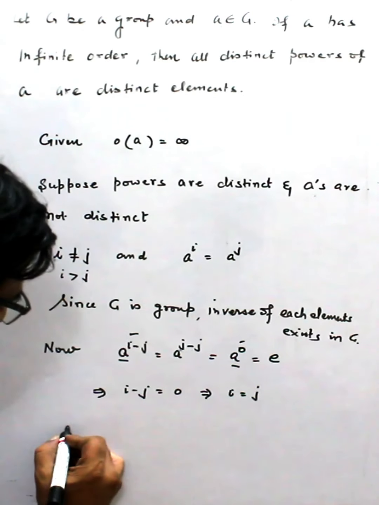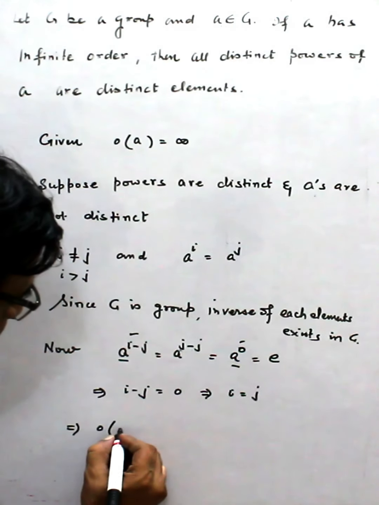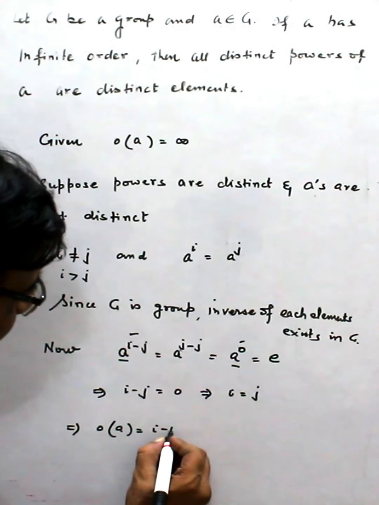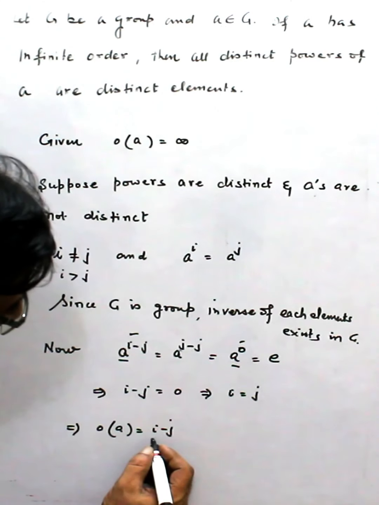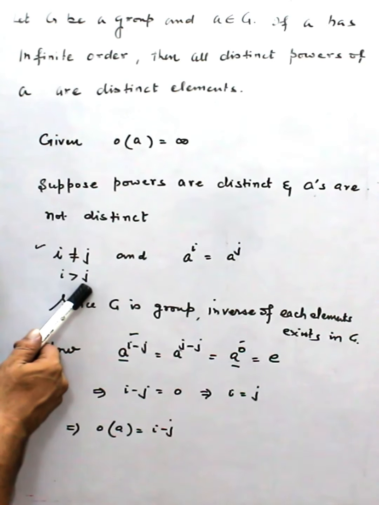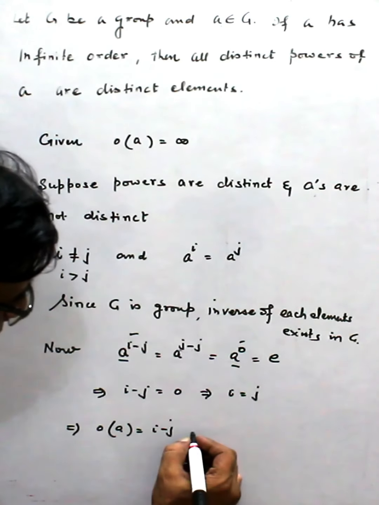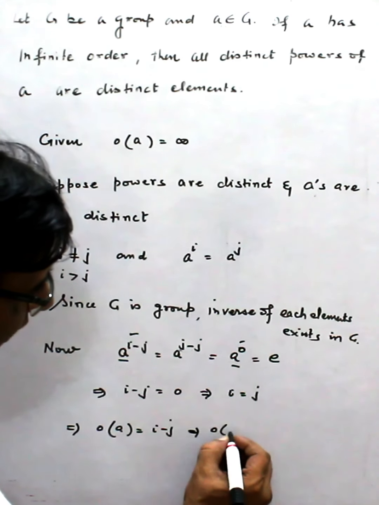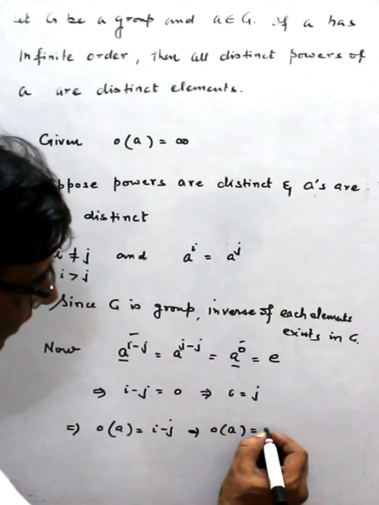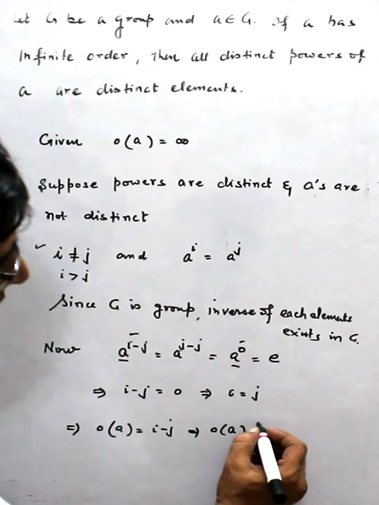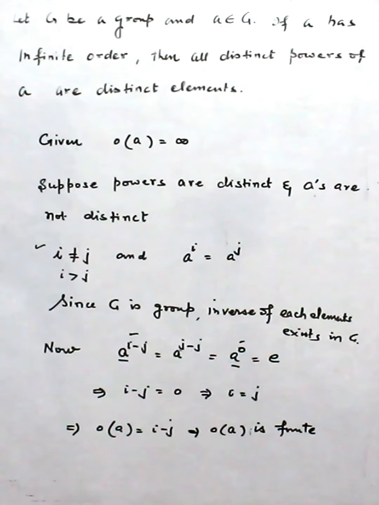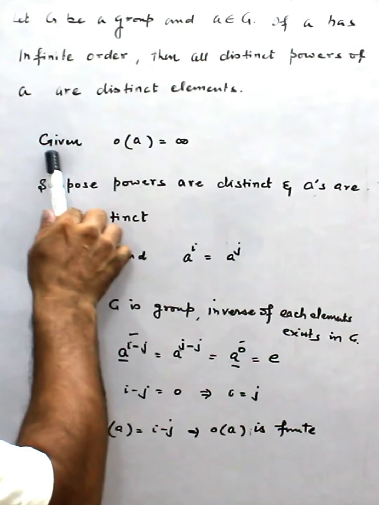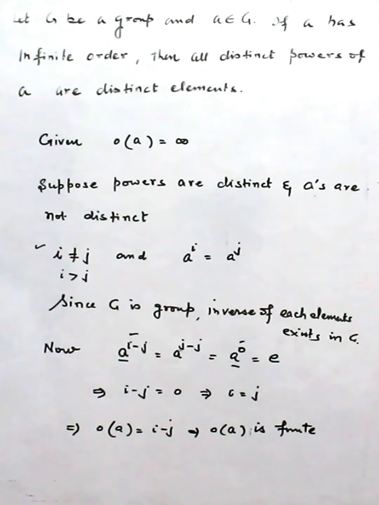This means otherwise we can say the order of A is I minus J by the definition of order. That means, because we are taking I greater than J, we can say the order of A is finite. But what is given here? Order of A is infinite. Again a contradiction.